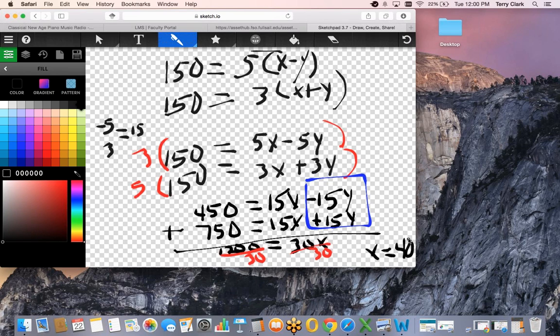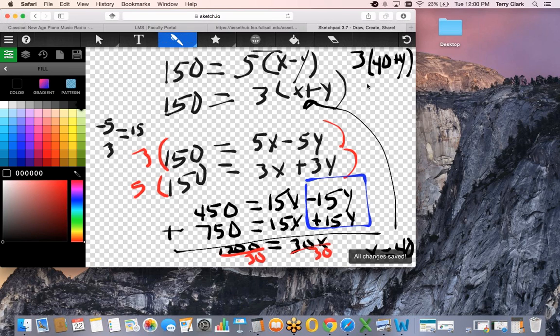Okay, now that 40 gets put back into one of these equations. You can take it and drop it into this one right here. So what you're saying is that 3 times 40 plus what would equal 150?